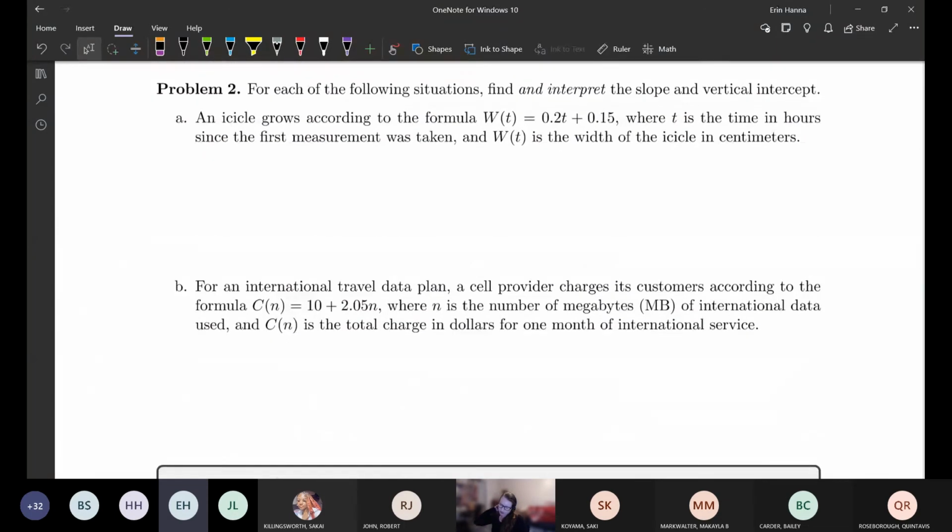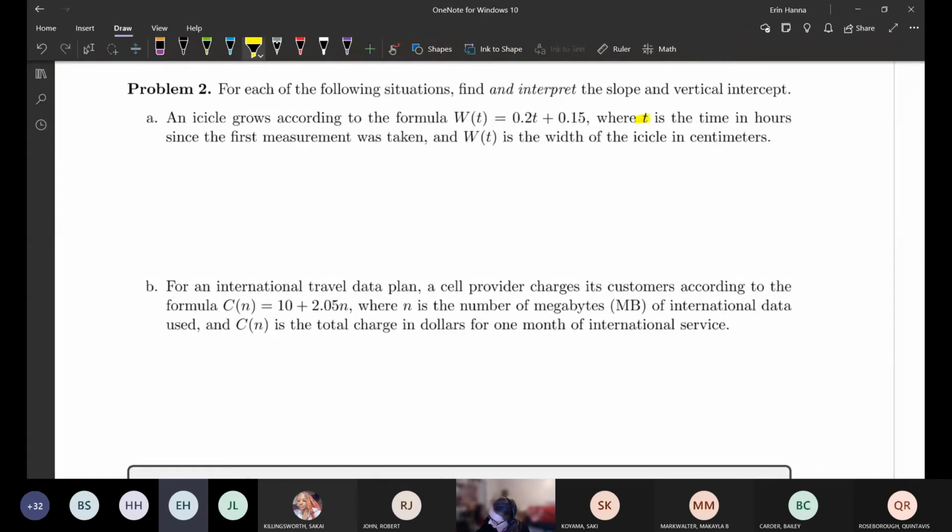For each of the following situations, find and interpret the slope and vertical intercept. So for our first one, an icicle grows according to a formula W(t) equals 0.2t plus 0.15, where t is a time in hours since the first measurement was taken, and W(t) is the width in centimeters of the icicle.